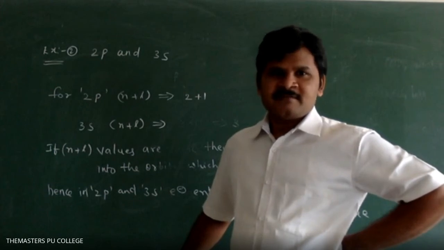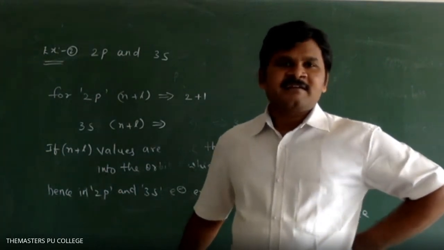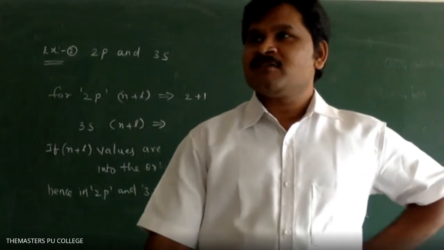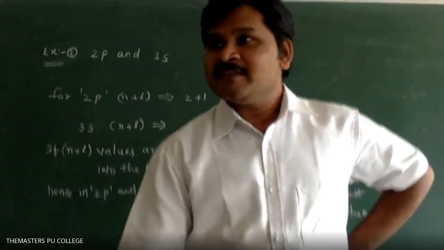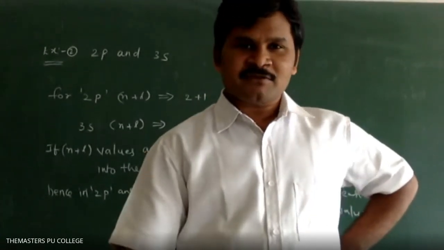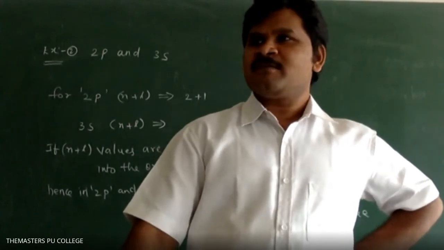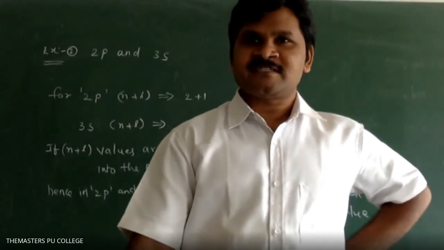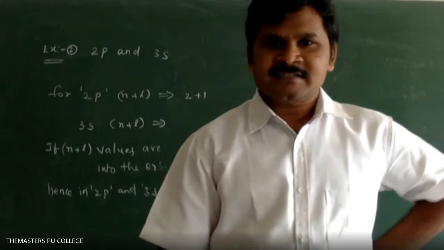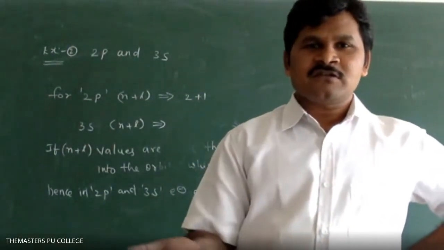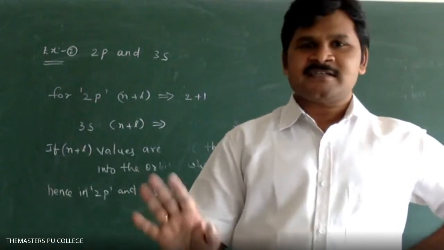See, in cricket T20, if the score is tied, what do they have to go to? Super over. Again, if it ties, a second super over. Again, if it ties, then they count the number of fours and boundaries. Like that, here, if n plus l values are tied, we have to go to the least n value. That's all.